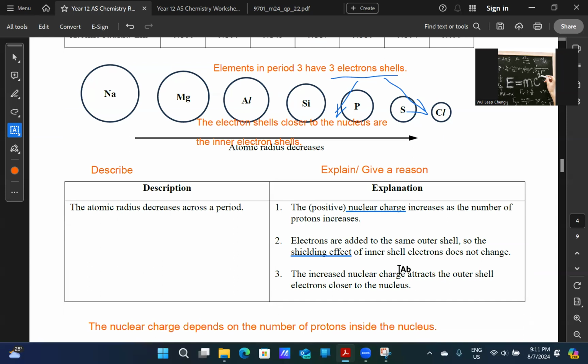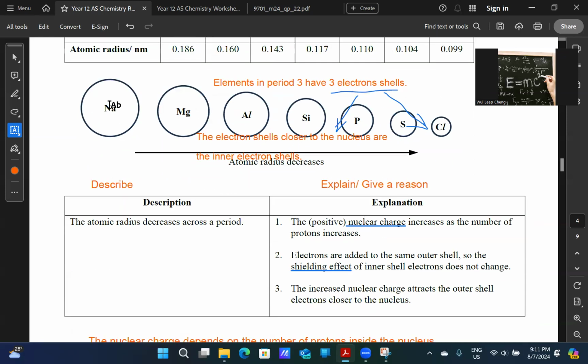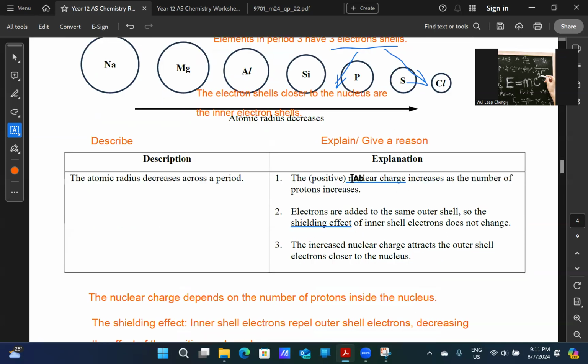Okay, the nuclear charge increases across the period because the successive members across the period gain 1 more proton, am I right? That's why the nuclear charge increases. As the nuclear charge increases, it can attract the outer shell electrons closer to the nucleus.